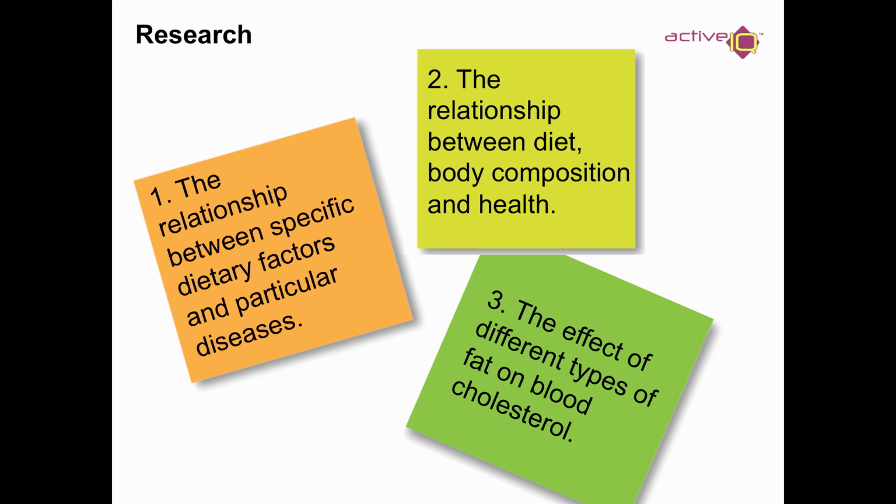So number one, the relationship between specific dietary factors and particular diseases. So look at overeating and heart disease. Look at fat intake and coronary heart disease. Okay? Relationship between diet, body composition and health.